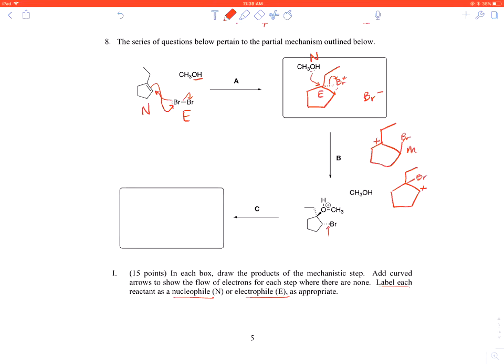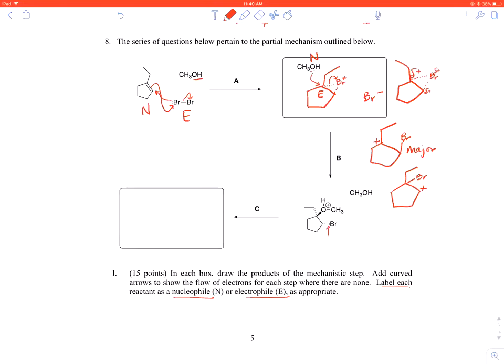This is the major contributor since it is the most substituted carbocation and therefore the most stable. So when you think about the true structure being a hybrid, we can have this be a longer bond. There'll be a larger delta plus here than here and here. So the nucleophile will be attracted to the larger positive charge, not surprisingly, okay?